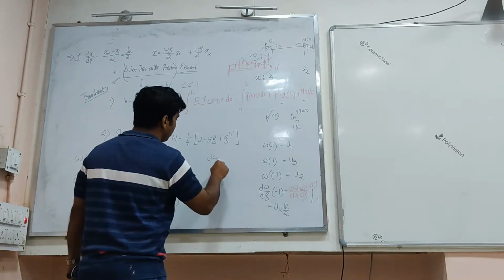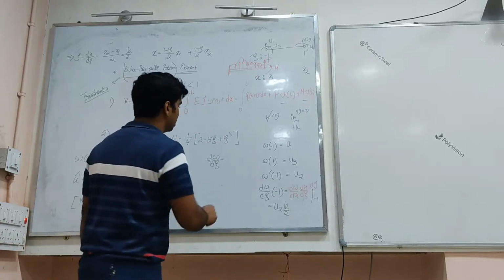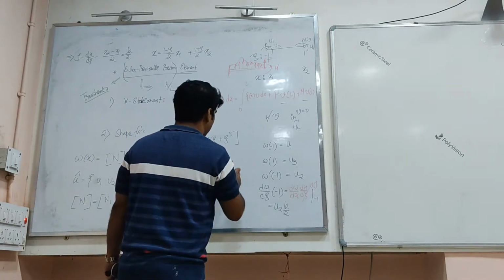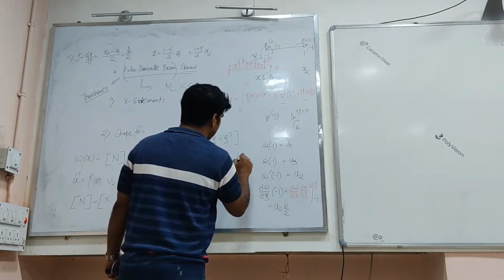Similarly, dW d xi at 1 equals U4 times LE by 2.